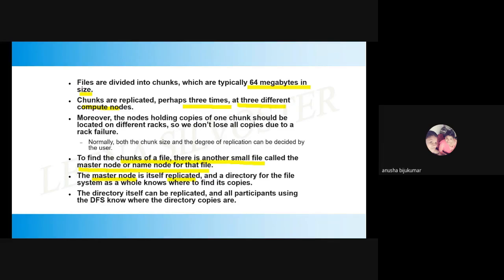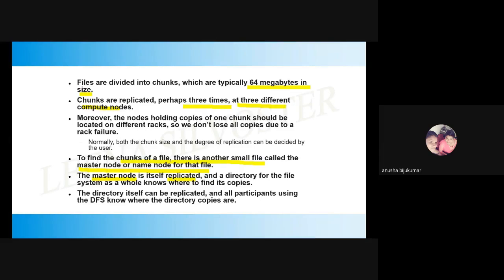So, first files are divided into chunks. Chunks may be replicated, and the replicas are stored at compute nodes, and again compute nodes can be stored in different racks. So the details of chunks are stored in a file known as master node or name node.